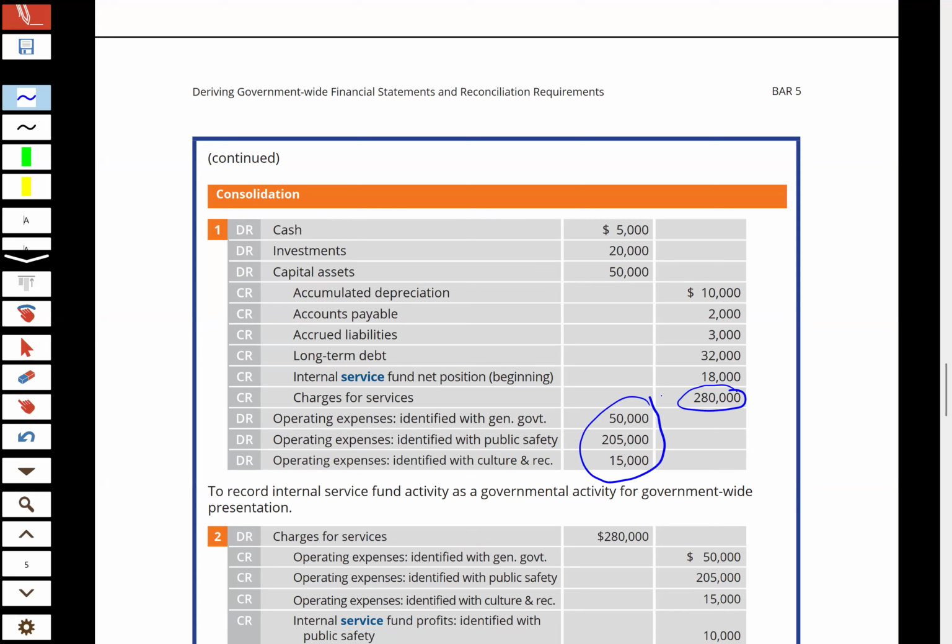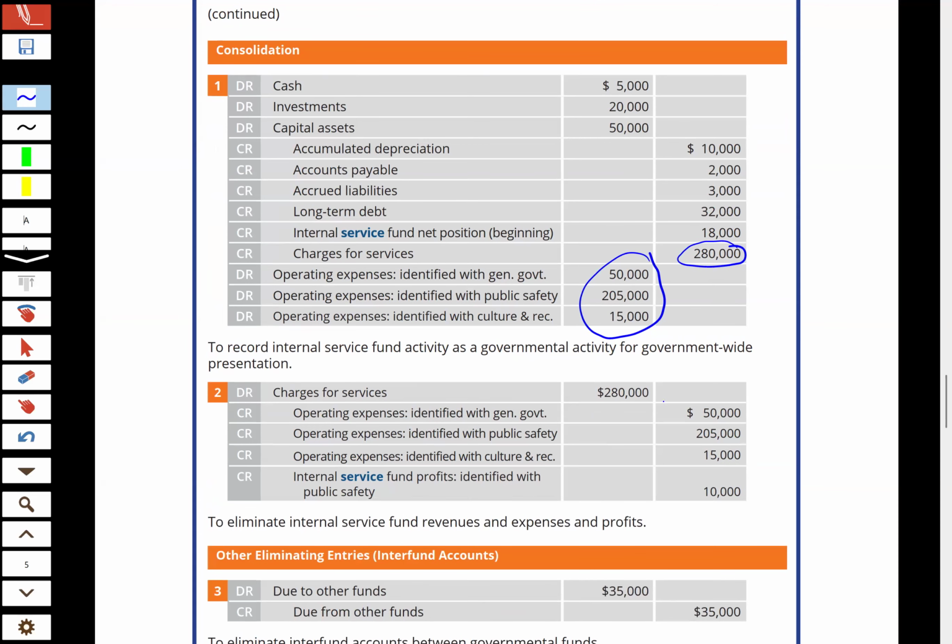But when you think about that, you're like, well, that's kind of weird, because why are we taking expenses and revenues that were generated from providing services from the same funds, the governmental funds that are reported in the governmental activities column? Well, don't worry, we're going to fix that. And we fix that by doing what? By then in the next entry, taking those revenues out, okay?